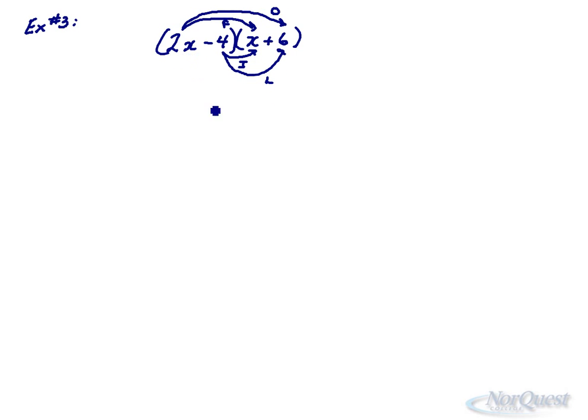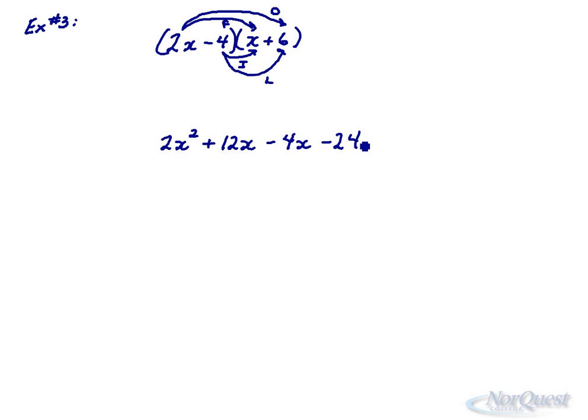So you get 2x times x to give you 2x squared. 2x times 6 will give you 12x. Negative 4 times x, negative 4x. Negative 4 times 6, minus 24. Look to collect like terms.